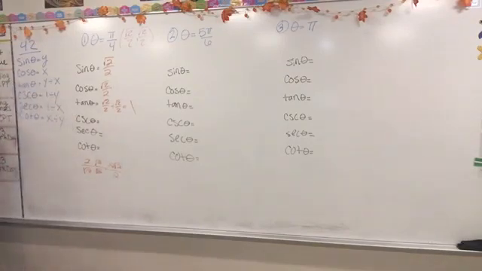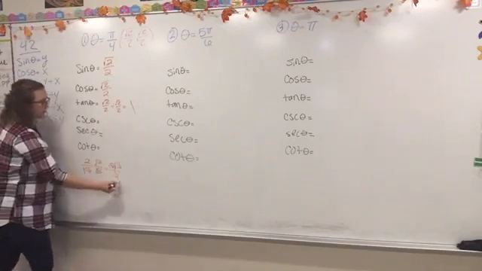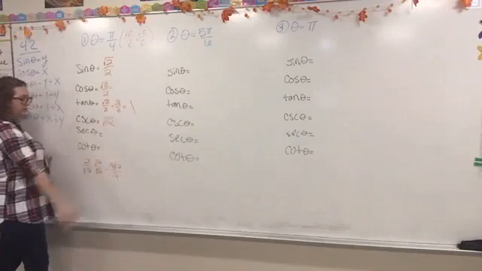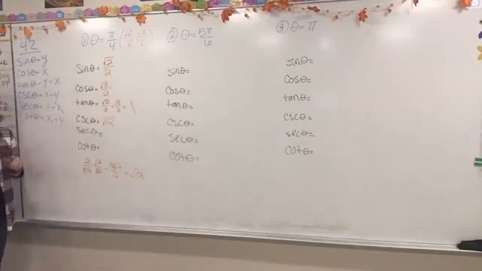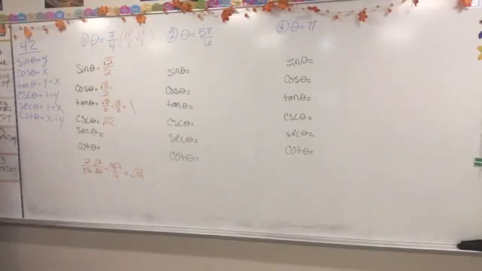So I need to simplify next, because the 2's cancel, and I'm left with square root 2. You guys okay with that rationalizing process, that reciprocal and rationalize?